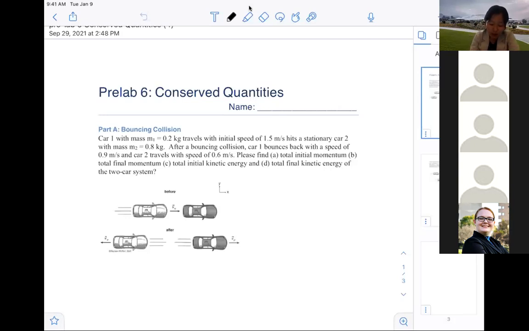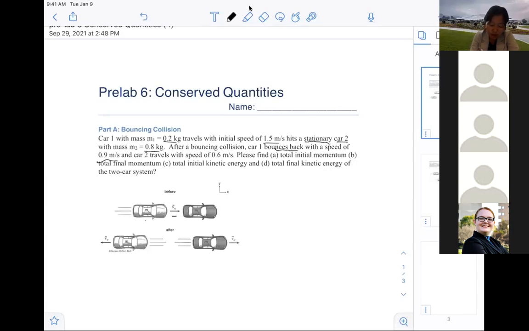We have cart 1, the mass is given, with an initial velocity that is given, hitting a stationary cart 2. It was originally stationary, and cart 2's mass is given. After the bouncing collision, car 1 bounces back, and the speed to the left is given.